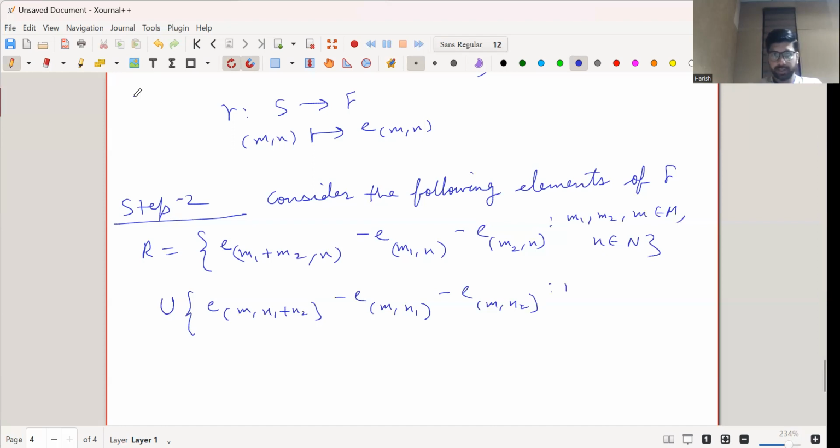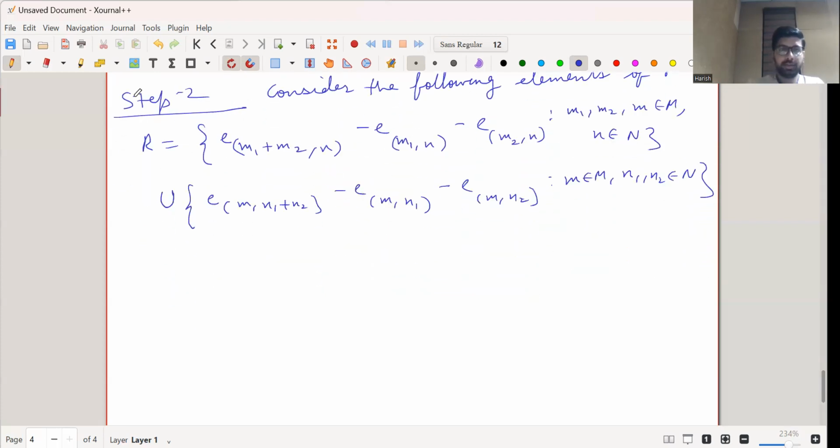So here M is inside M, and N1 and N2 are inside N. So you collect all these elements of all these kinds, then let H be the subgroup of F generated by this R.